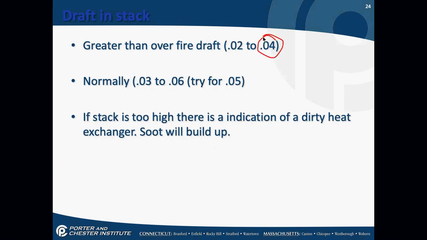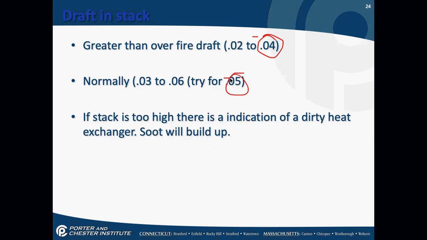Most people use this number, and these are again negatives because it's a vacuum. It has to be greater than the over-the-fire draft. If there's too much stack draft, it's an indication of a dirty heat exchanger.